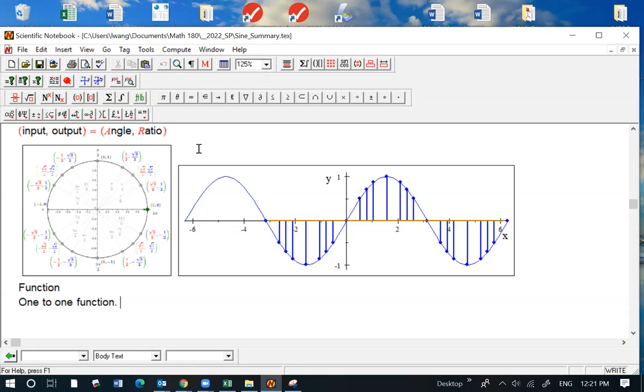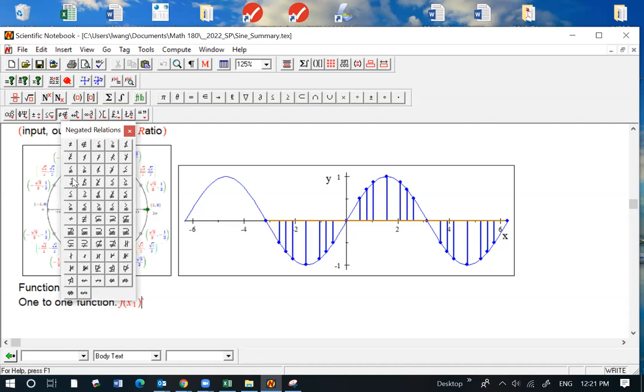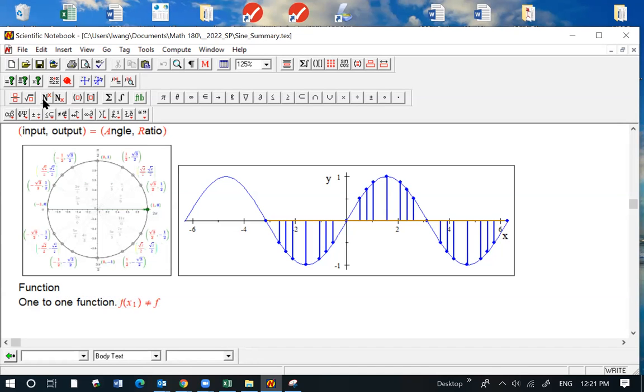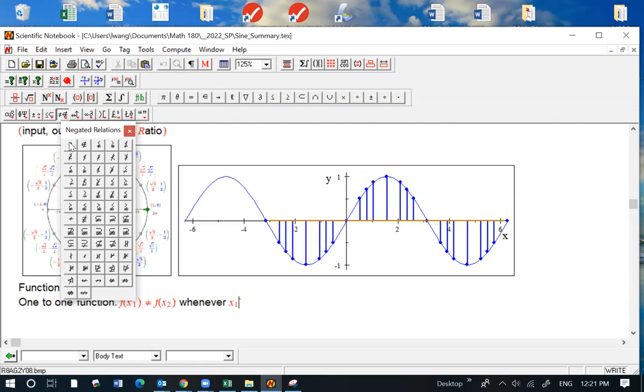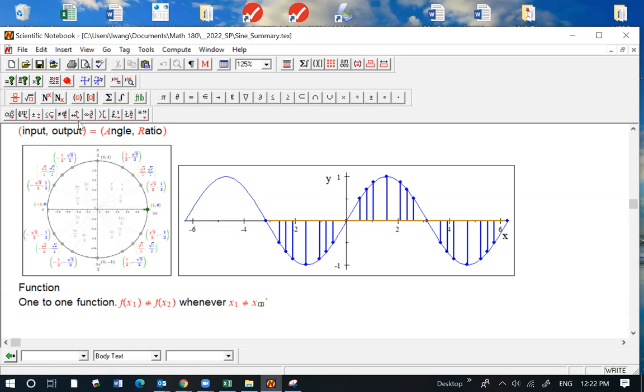A one-to-one function is a function f where the output for input x1 is not the same as the output for input x2 whenever input x1 is not the same as input x2. In our case, it is contrary to it.